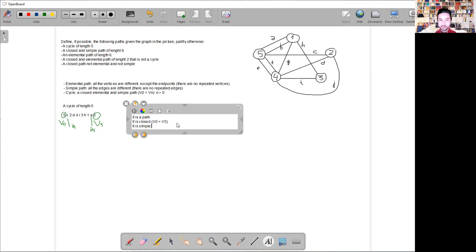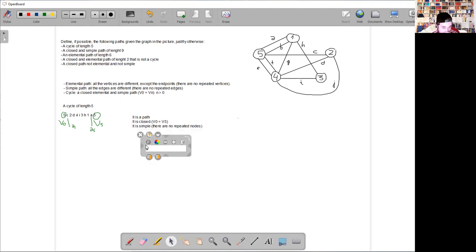It is elemental because there aren't repeated nodes, except the endpoint, but as we said, the endpoint is allowed. So it's 5, 2, 4, 3, 1. We don't repeat any node. We go 5, 2, 4, 3, 1, and 5.